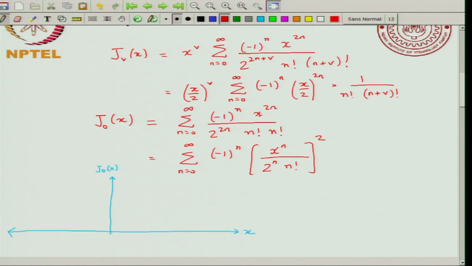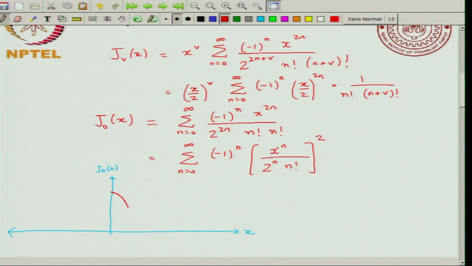If you put n equal to 0 here, this will become 1, and here you have 2 raised to 0 which is 1, and 0 factorial, 0 factorial. So when x equal to 0, this goes to 1. Now I will show what the behavior looks like as x changes.